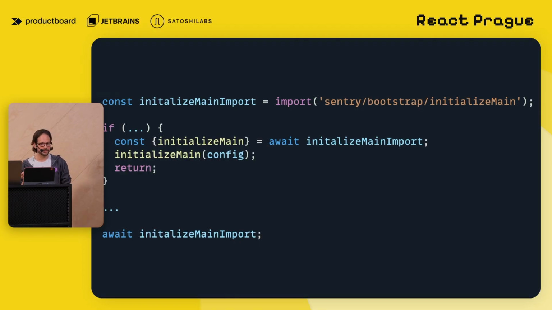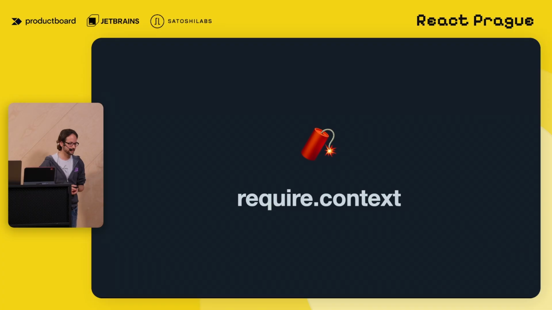And lastly, I also managed to delete some code that I shouldn't have because of some highly dynamic things that we do with require.context. If you don't know what that is, that's a Webpack specific feature that allows you to basically import a whole directory based on a regular expression. And it then does some compile time magic to actually require all individual files.